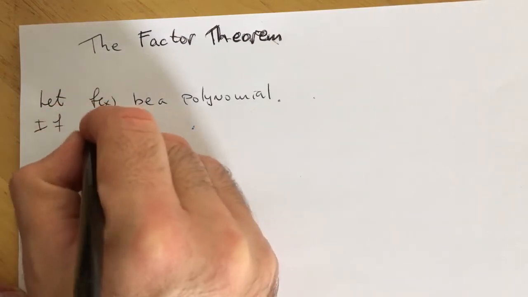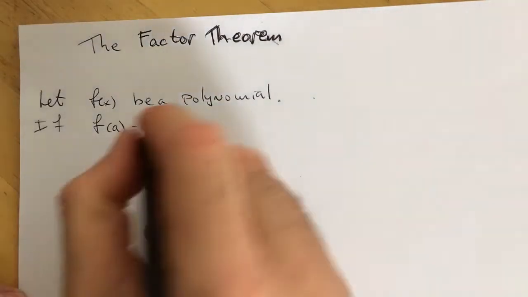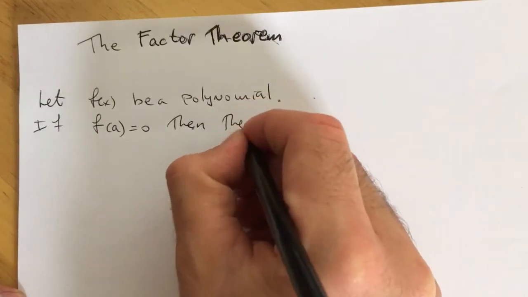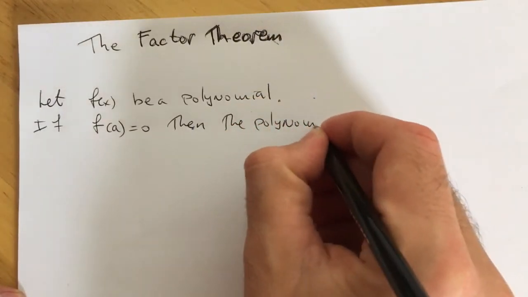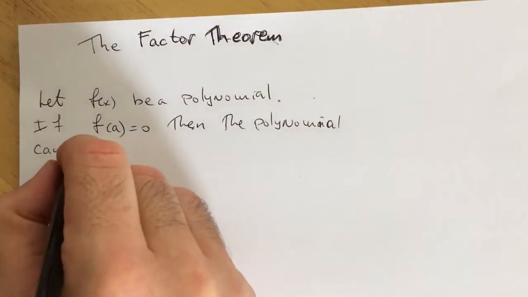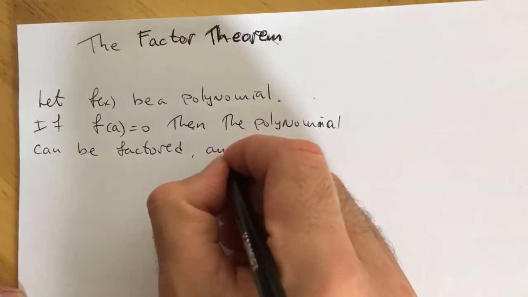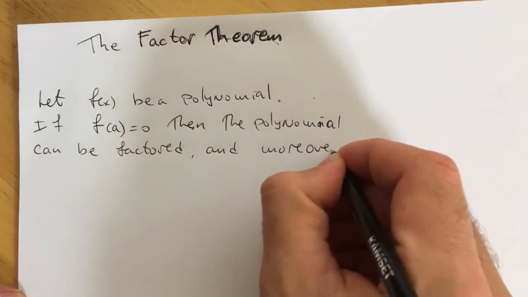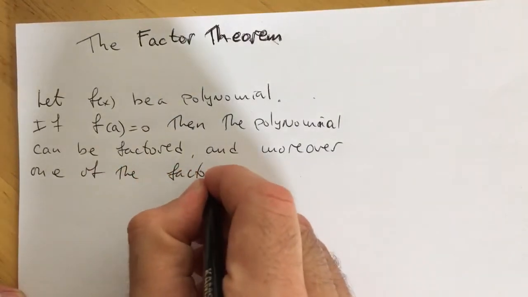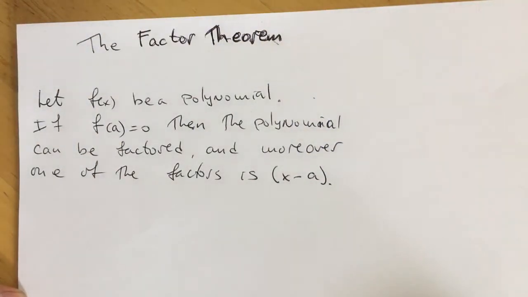Moreover, if f evaluated at some number a gives you 0, then the polynomial can be factored and moreover one of the factors is x minus a, okay?